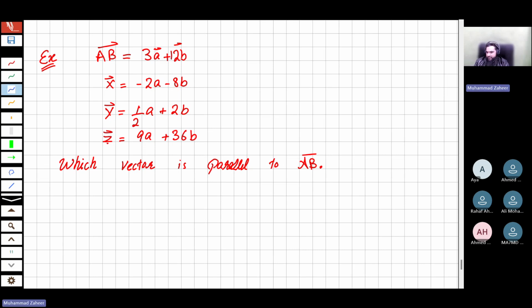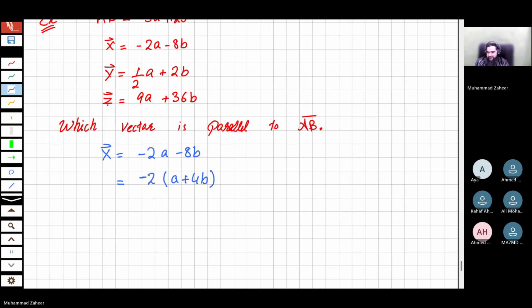So, for example, if I talk about x, it is minus 2a minus 8b. I need to make a as 3. You have to just focus on any one variable. If I want to make a as 3, I am going to take minus 2 as common. First of all, 2 as common, it will become a plus 4b, right? Now I need to multiply and divide by 3, because I need a 3 with a.